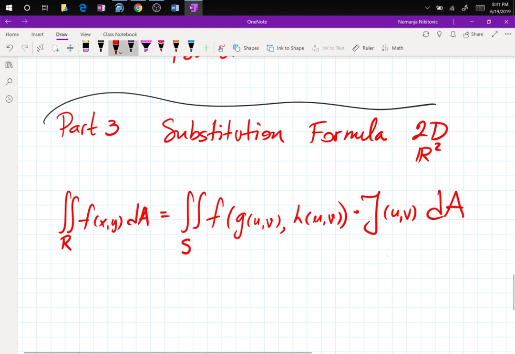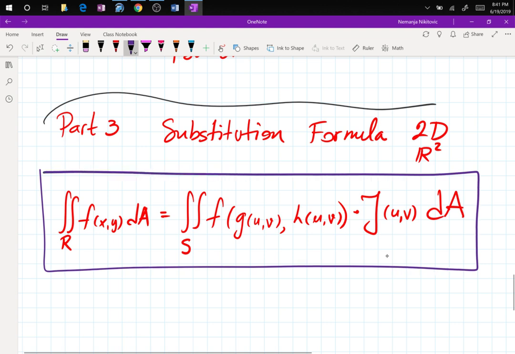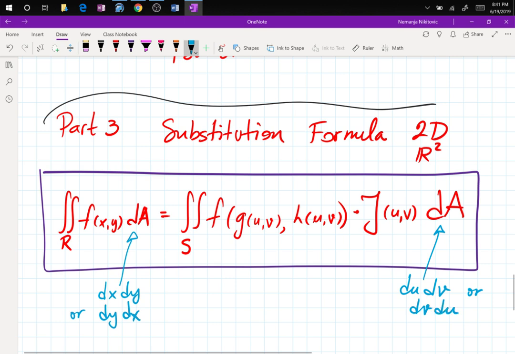Now, I'm going to first box this because this is your 2D formula, and then I'm going to use blue to tell you that this dA is dx dy or dy dx, whatever is more convenient, and this dA on this side is du dv or dv du, again, depending on what's more convenient. So your xy integral becomes uv integral.